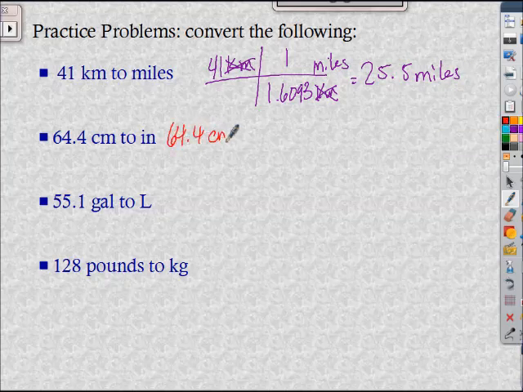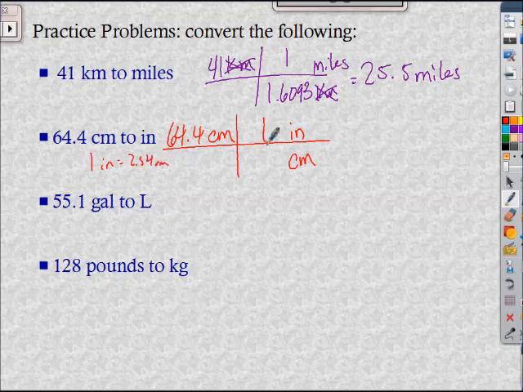Same thing over here. 64.4 centimeters. How do I convert inches to centimeters? Centimeters has to be on the bottom, inches on top. What numbers go in front? Look on your sheet. Your sheet says that 1 inch equals 2.54 centimeters.